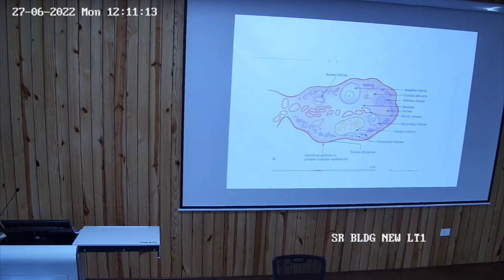The follicles which do not mature into the Graafian follicle are called atretic follicles. And the one follicle which is mature and showing all the stages is called the Graafian follicle. This one.